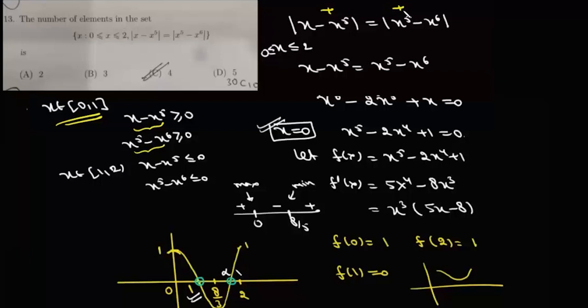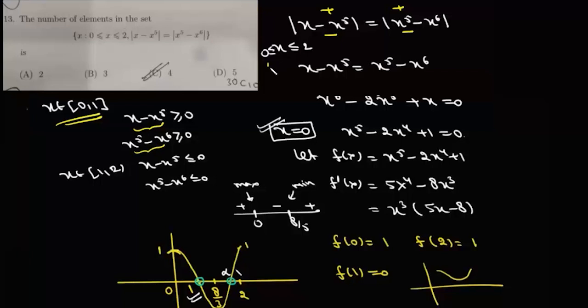But when x lies between 1 and 2, as the power increases, the value increases. So in this case, x minus x to the power 5 will be less than 0 and x to the power 5 minus x to the power 6 will also be less than or equal to 0. So in that case, both are negative. Now either they are both positive or they are both negative. So in both cases, the sign is going to cancel.